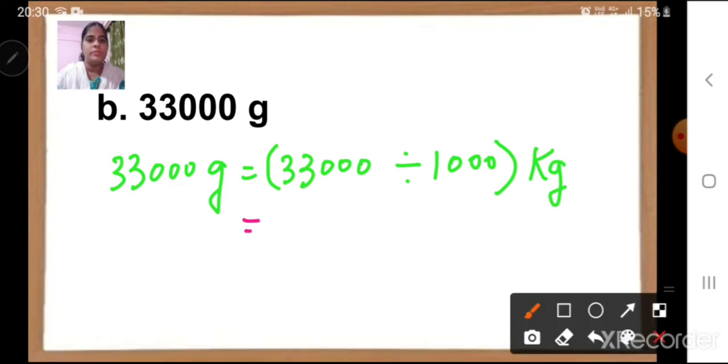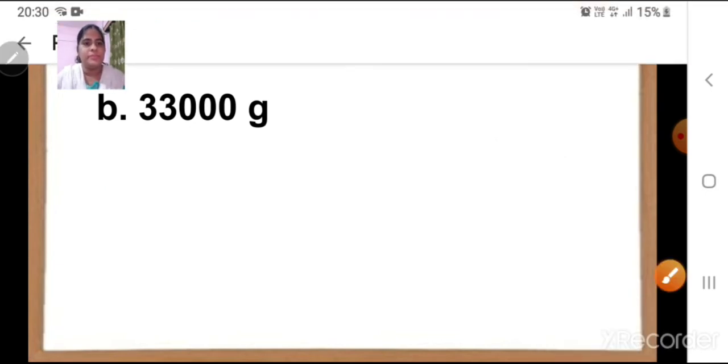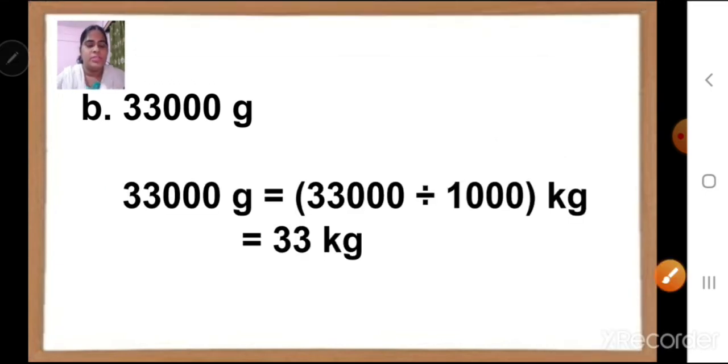Now we have to divide or we can cancel the zeros, correct? So let us cancel. What we have got here, 33 divided by 1, which is left. 33 divided by 1 is 33. So the answer is 33 kg. Children, note down properly in your classwork.